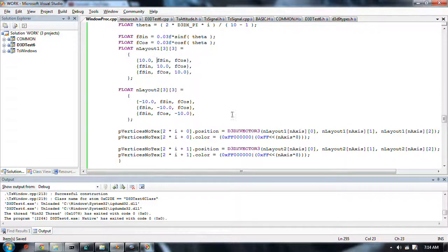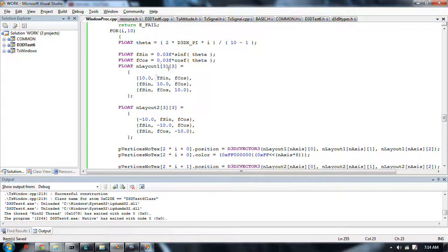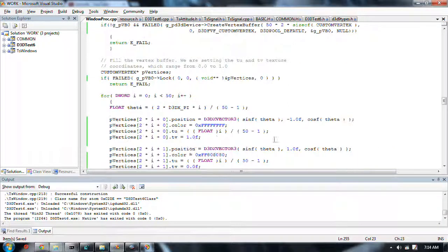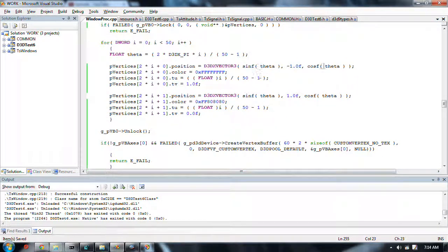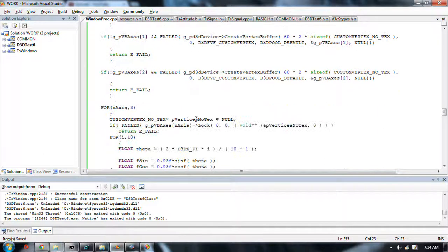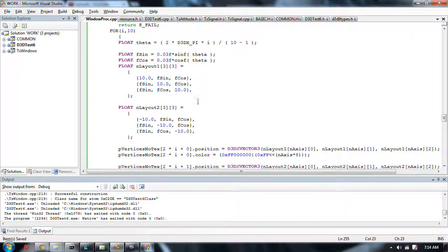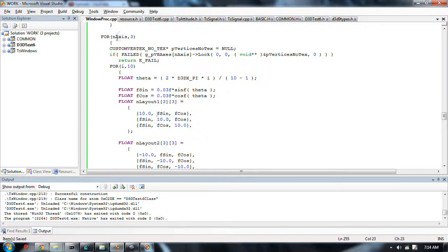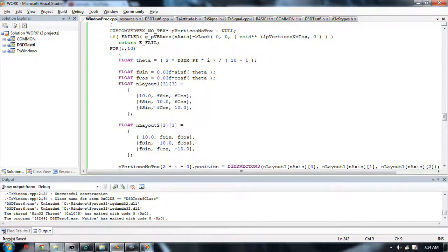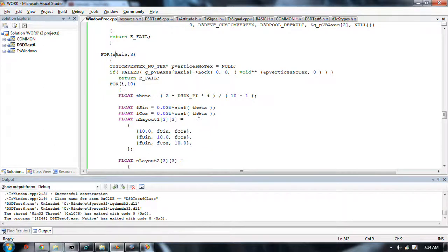And each one is going to be a similar thing, right? And I want each one to have a different color. And here, this layout 1, layout 2 is just like this thing, 1 plus and 1 minus, and putting the cosines and thetas in the correct positions for the various coordinates. 0 is the x-axis, 1 is the y-axis, so I would expect that the y-axis will appear green, and we don't know about x and z.